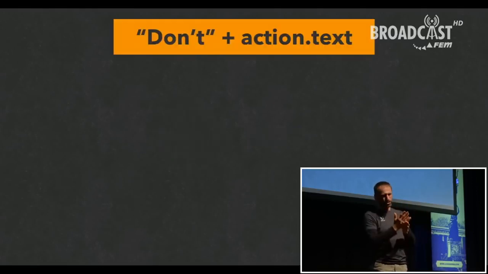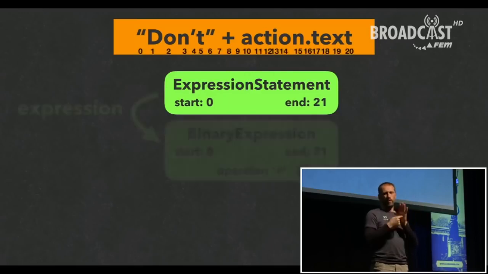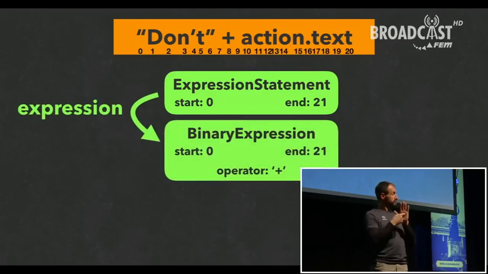Just so we get on the same page, if I have this expression, the AST for this is a data structure representing my code. This is an expression statement, starts at character 0, ends at 21. Its child is a binary expression with an operator of plus, also starting at 0, ending at 21.